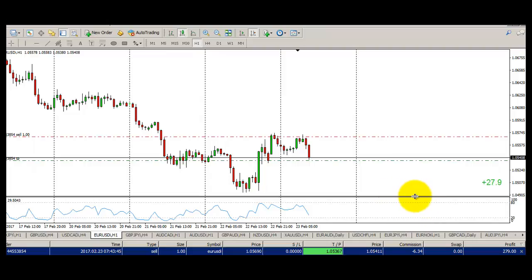It's not only specific to Euro US dollar. We're just using this as an example for you guys to see the simplicity of how we take our trades. You with me? So it's fairly simple. I really just want to stay with you guys here so you can see this profit through. If not, I'll just close it at the next level that I assume we can take profit at.